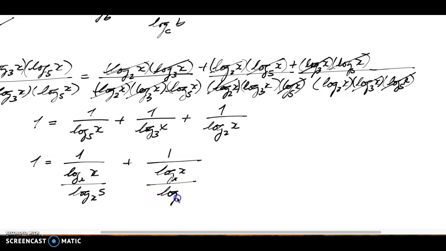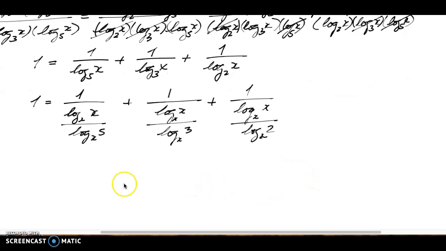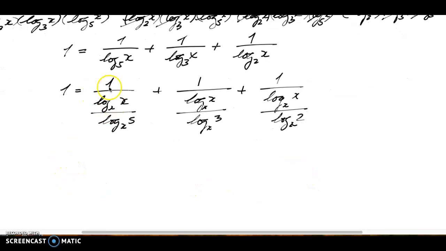There's a rule, and I think it's actually in the formula booklet that they give you. So you get log, do the same thing to each one of these, base x, all over log base x of 2. You see where these would flip around. So this has to flip.